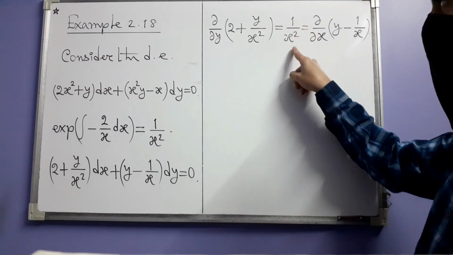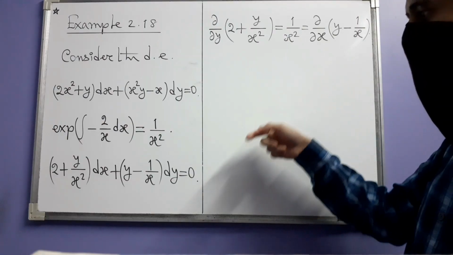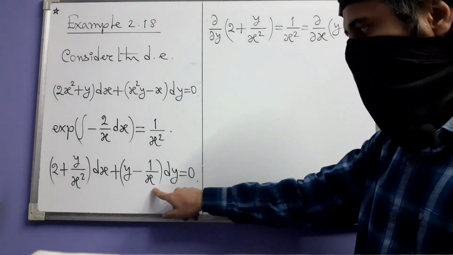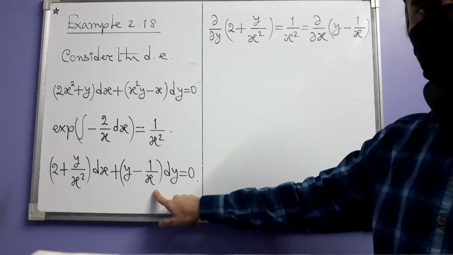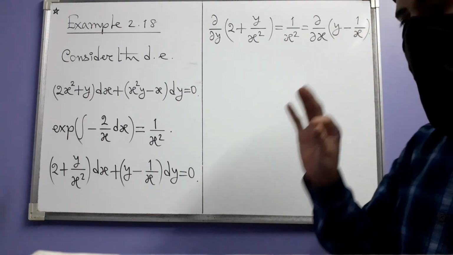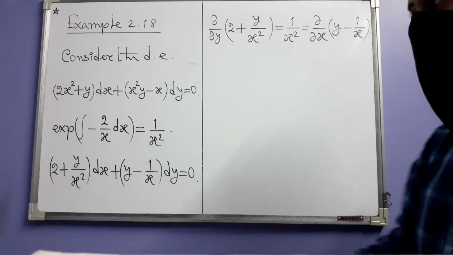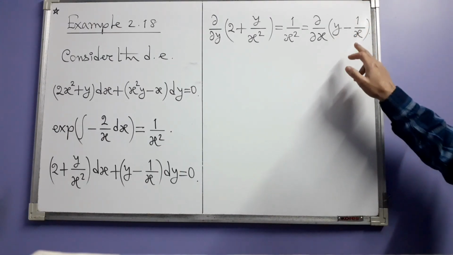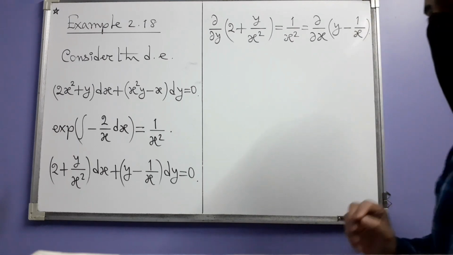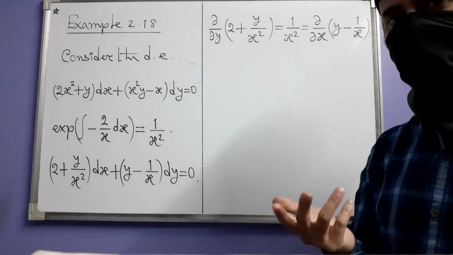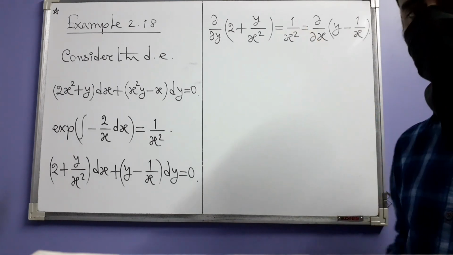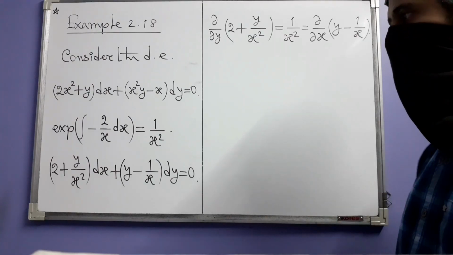So you get 1 divided by x squared. And you also simultaneously differentiate this partially with respect to x. The first term contributes 0 because it's y, it does not have x. And differentiating minus 1 over x, you know from calculus, you get 1 over x squared. So yes, it is really exact.